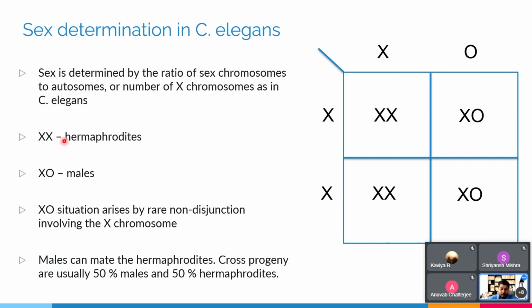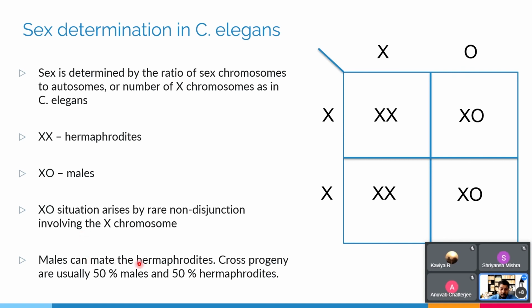So XX will tell us that the C. elegans is a hermaphrodite. XO will tell us that the C. elegans is a male. XO actually occurs by a rare non-disjunction involving the X chromosome, in which one of the gametes takes both the X chromosomes and the other is left without any X, and thus this is a male.